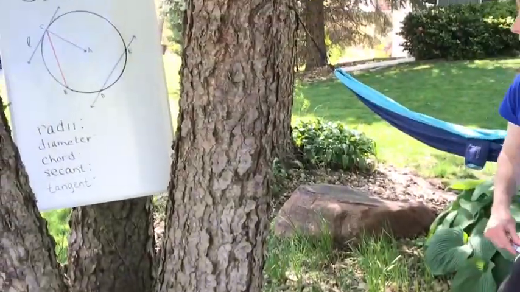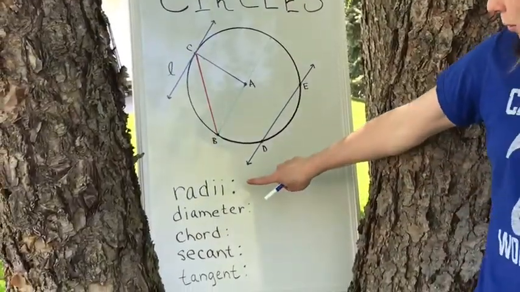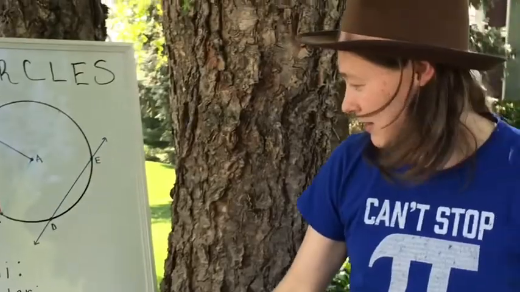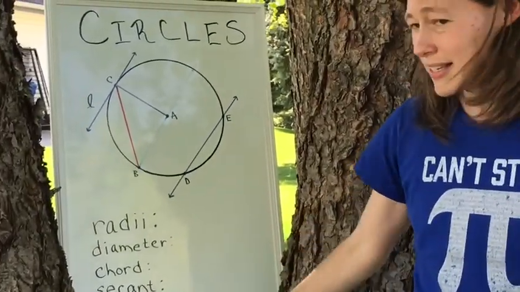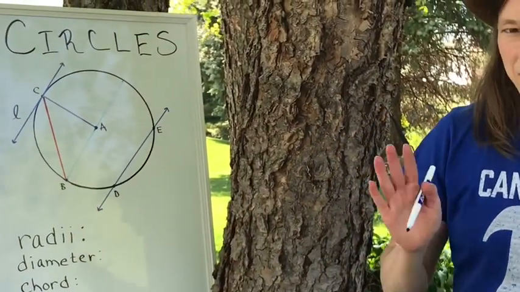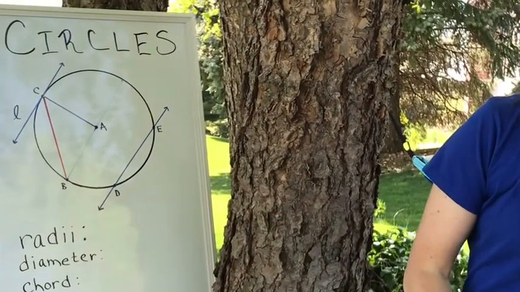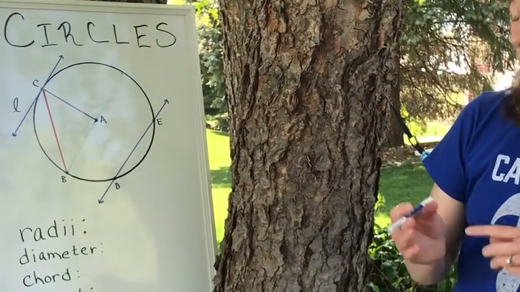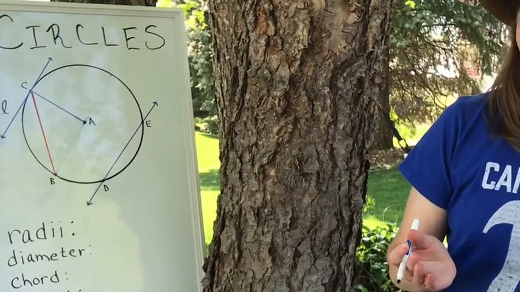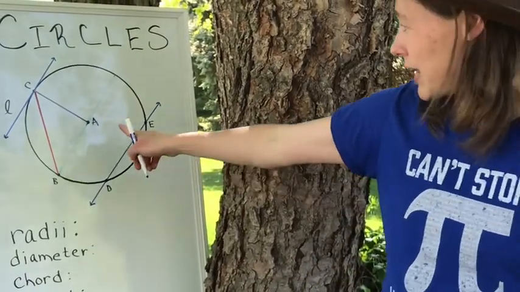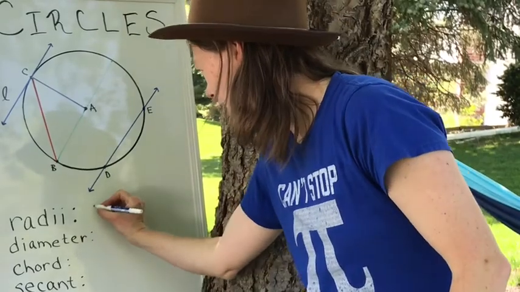All right, so we've got the radii, which is plural for radius, diameter, chord, secant, and tangent. I'm just going to run through this. I think you probably know most of these, but a radius is a segment from the center to any point on the circle. The obvious one right here is segment AC.